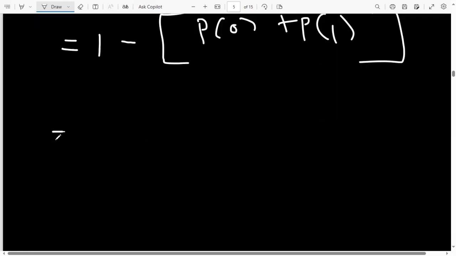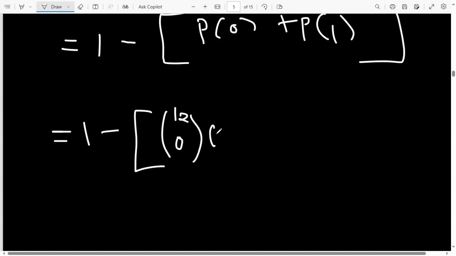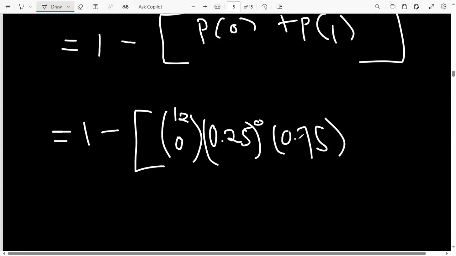So this will be equal to 1 minus. For the probability of 0, we're going to say 12 combine 0. And then the rate of success was 0.25, so we are raising this to the value that is here, which is 0. Maybe I should put them in brackets. And then the Q we found to be 0.75, right? We are raising it to the power 12 minus 0, which will just be 12.